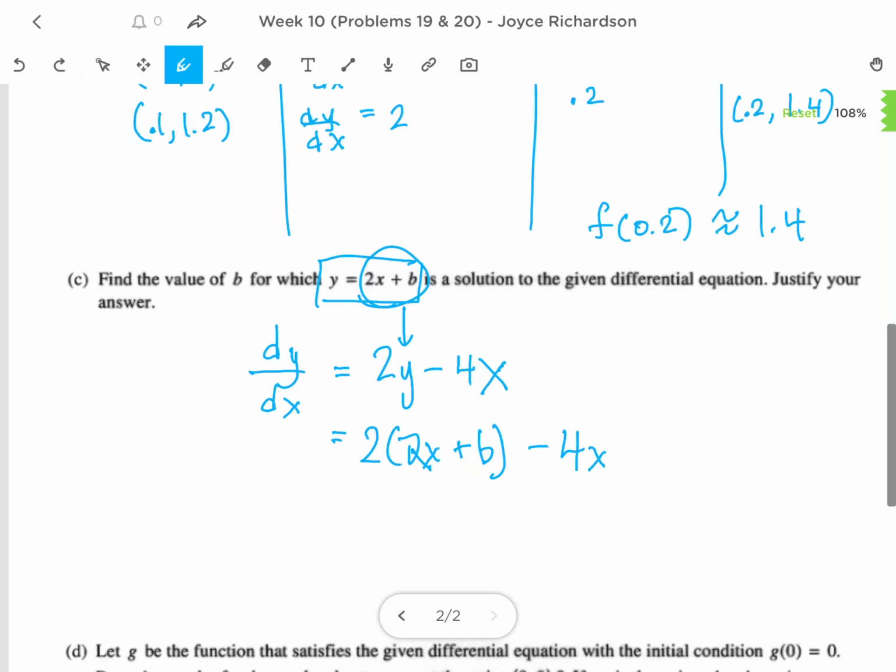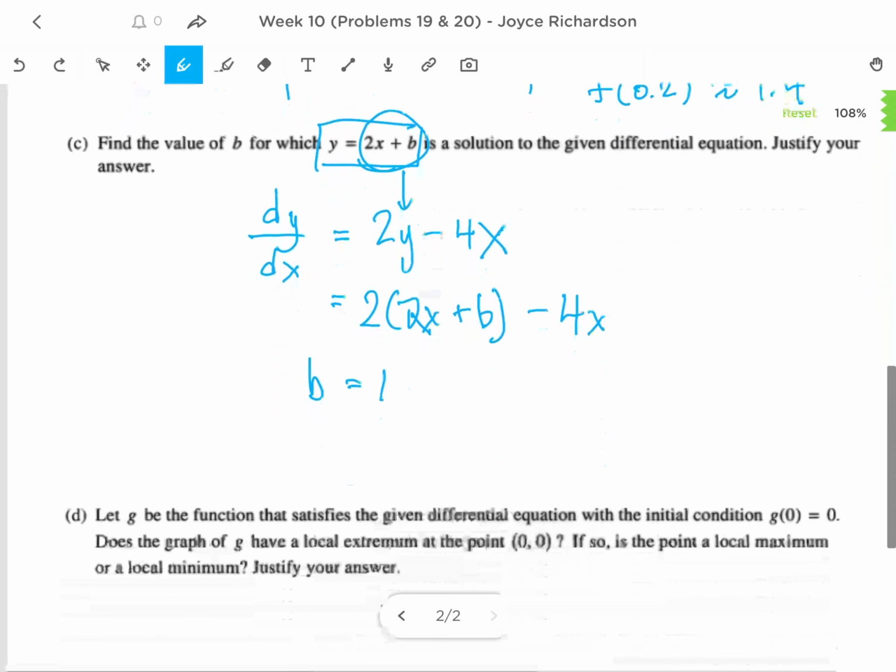And then what ends up happening is that I get that b is going to be 1. And then that was the verification that they were looking for.